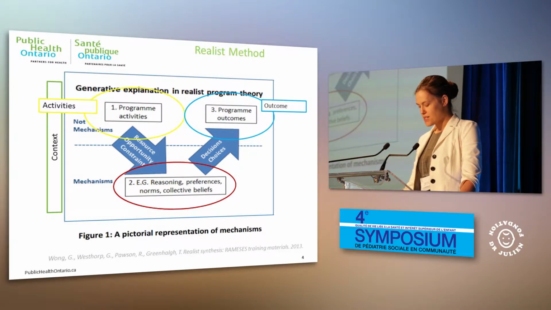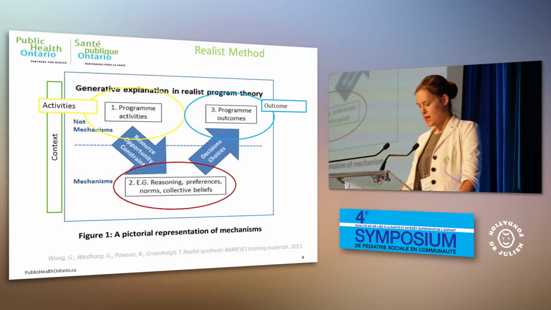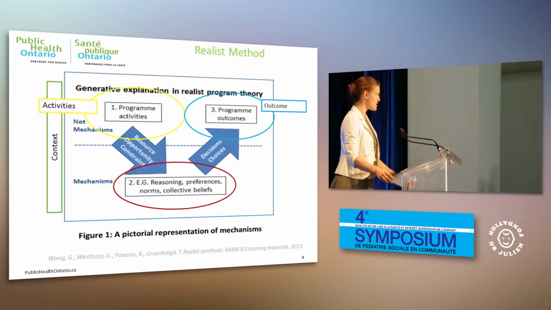The mechanisms underlie the cause and effect relationship, and they're explanatory. They explain why things turned out the way they did. And then we consider the context in which all of this occurred, because certain activities and outcomes might work very differently in different contexts, given whether different mechanisms are fired or activated in that context.